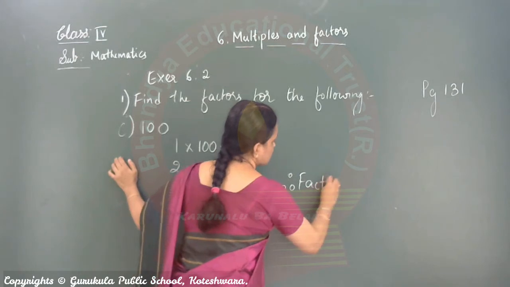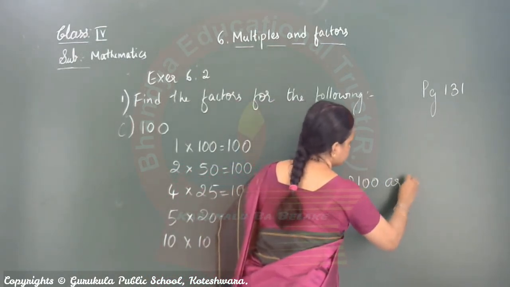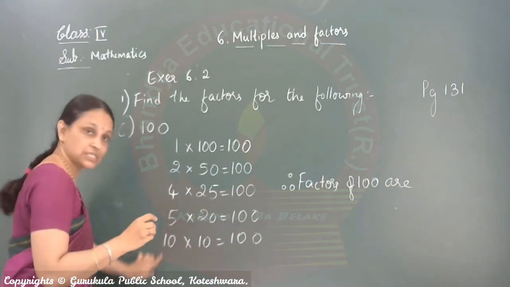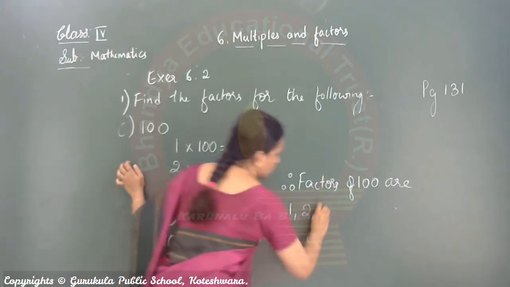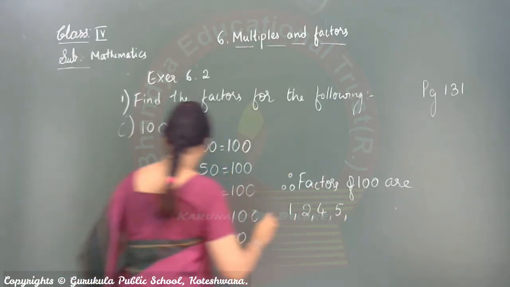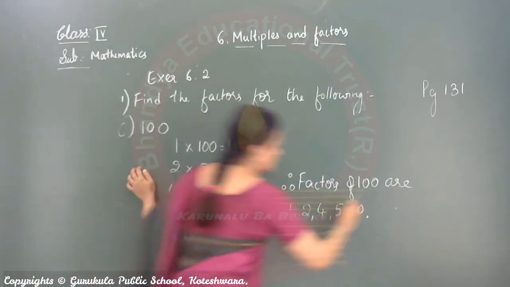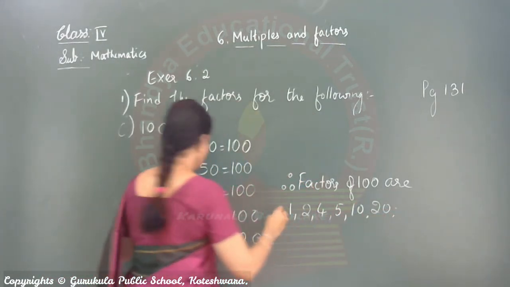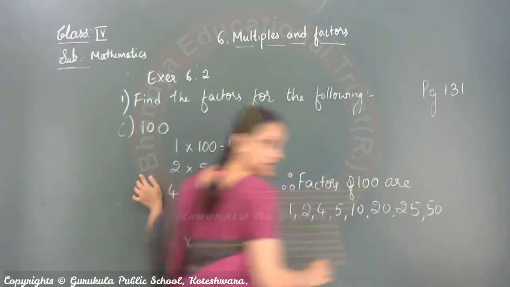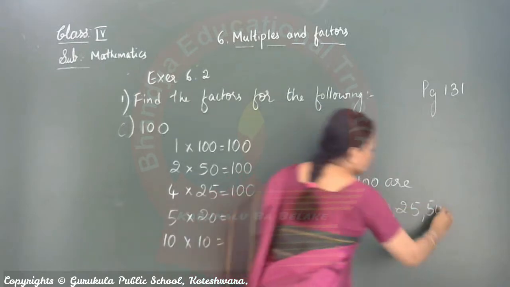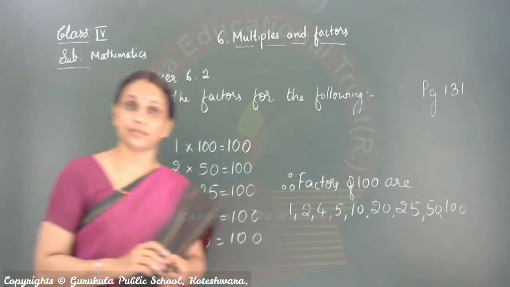So factors of 100 are, you have to start from this side, 1, 2, 4, 5, 10, 20, 25, 50 and 100. So all these are factors of 100.